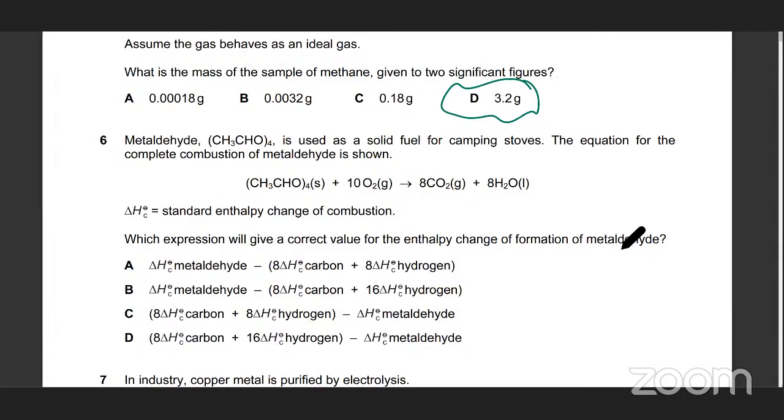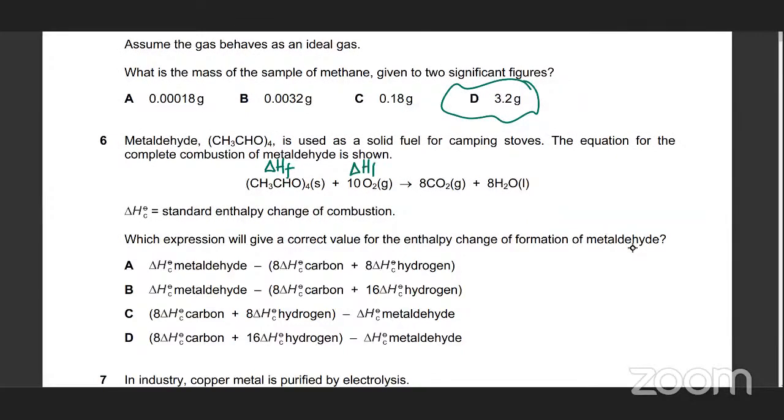Now, the thing with this is you can apply a few formulas over here. He's asking for the enthalpy change of formation of metaldehyde.